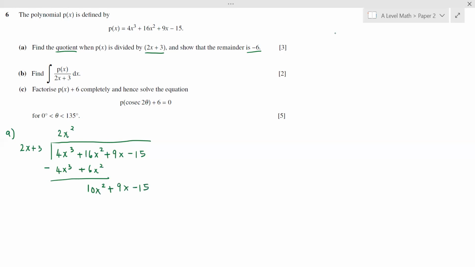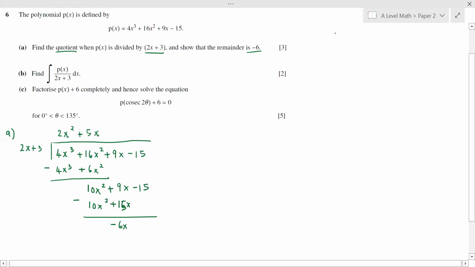10x squared divided by 2x, that is 5x. 5x times 2x plus 3 is 10x squared plus 15x. Now we subtract 9x minus 15x is negative 6x.